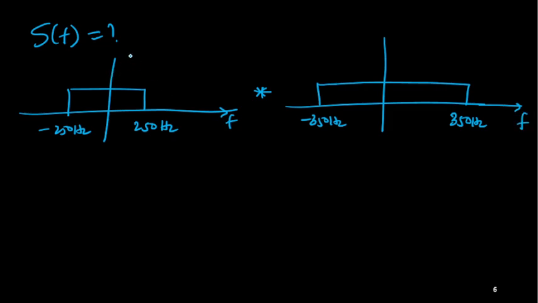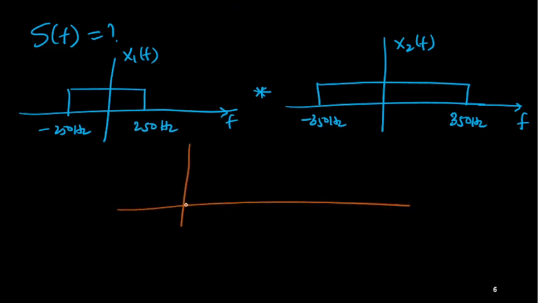If I consider capital X1F and this is your capital X2F, I need to take the convolution. If you take the convolution, you will get trapezoidal signals. That is not very important for us, but I have discussed that in my video. So I'll be getting this kind of trapezoidal waveform.